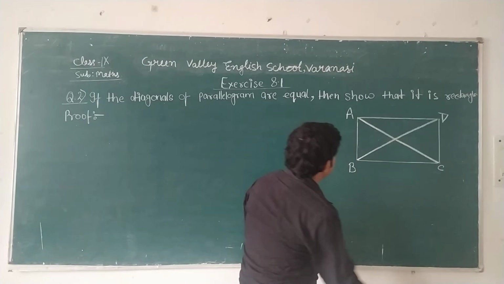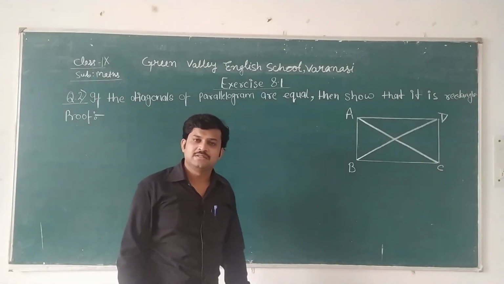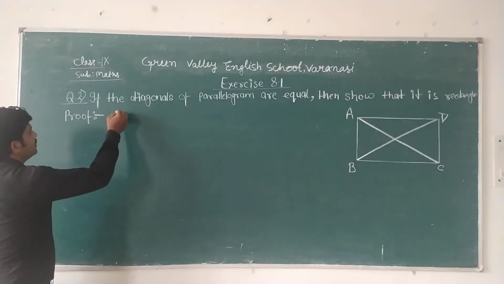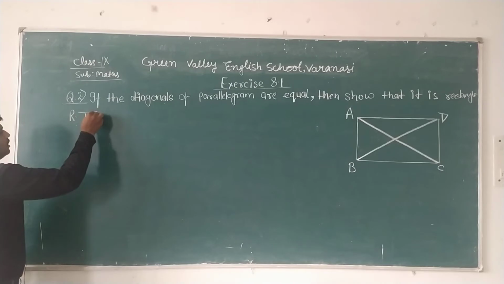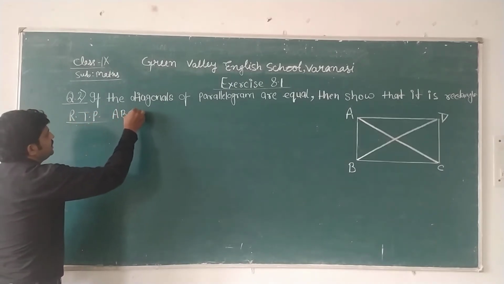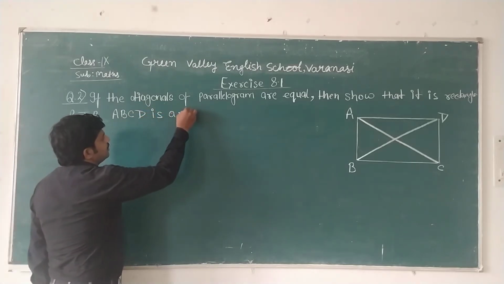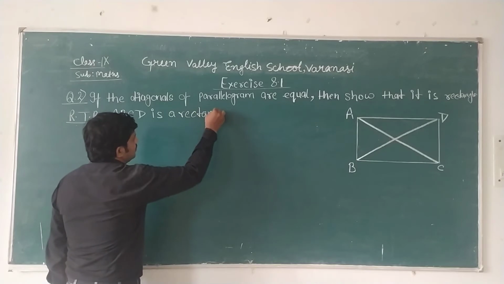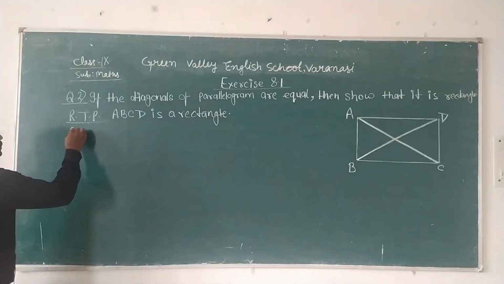Then our RTP, required to prove, is that ABCD is a rectangle. Now we are going to prove it.